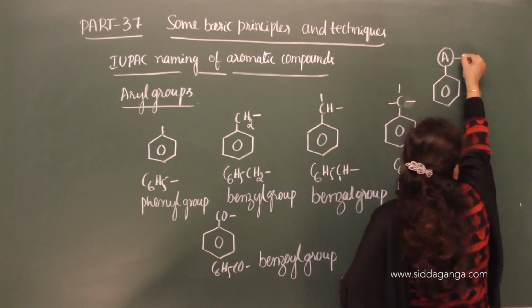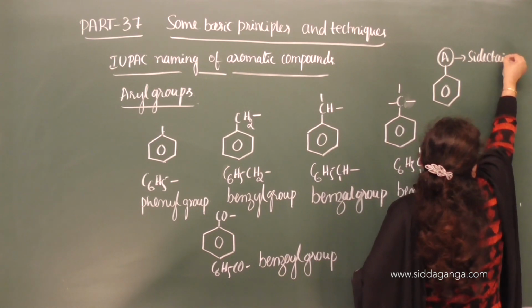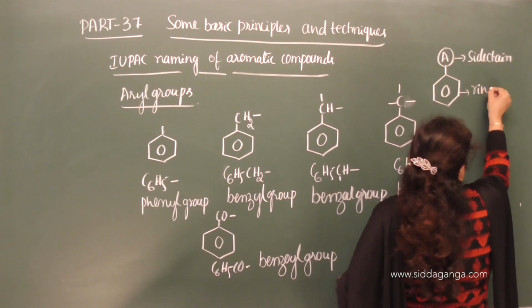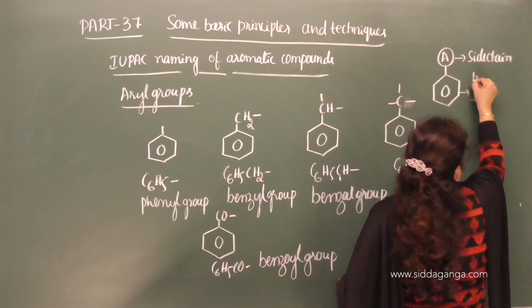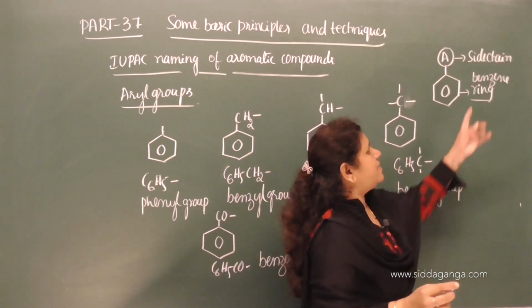Now, this is called the side chain. What is this called? Side chain, and this is the ring structure, that is the benzene ring.